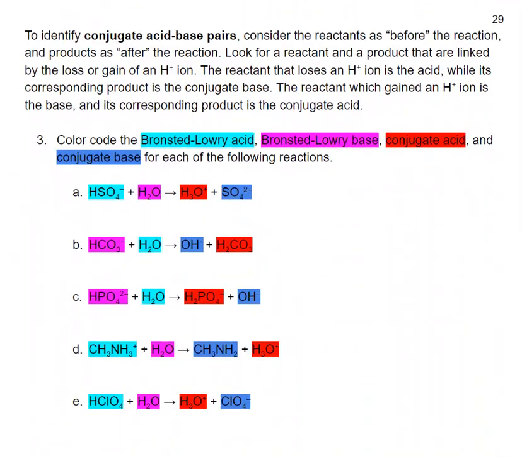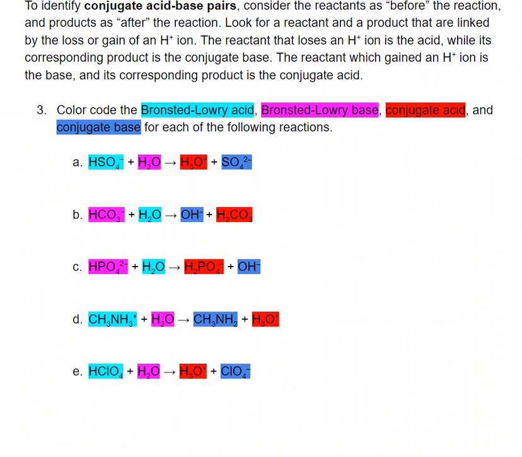To identify conjugate acid-base pairs, we have to look for a reactant and a product that are linked by the loss or gain of an H+ ion. The thing that loses an H+ ion will be the acid, while the corresponding product is the conjugate base.